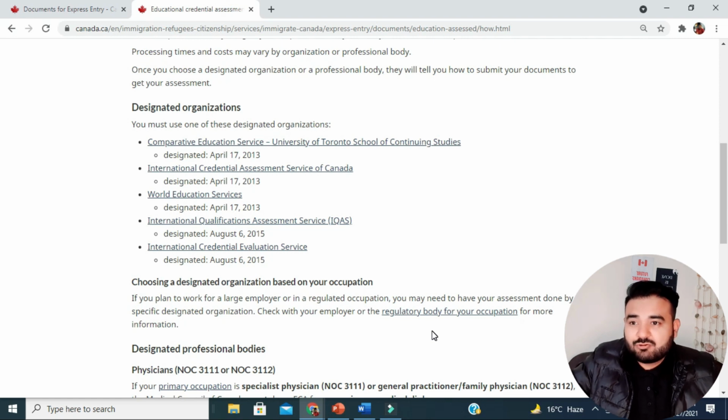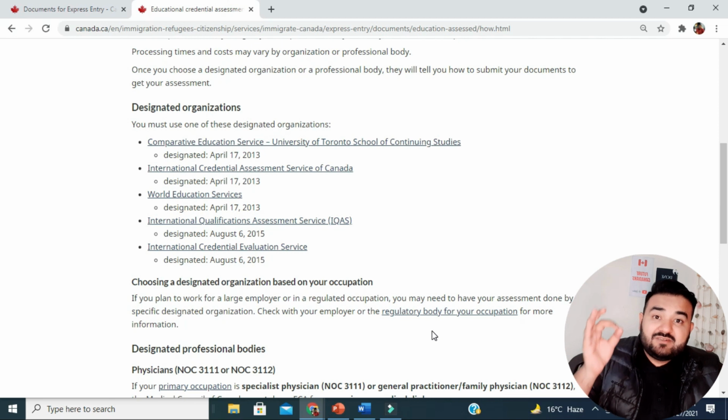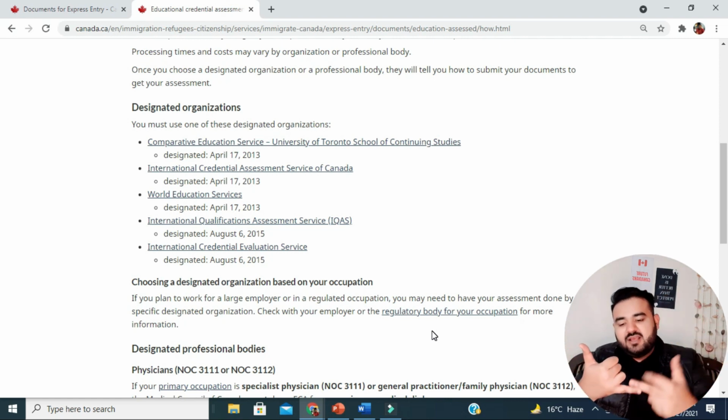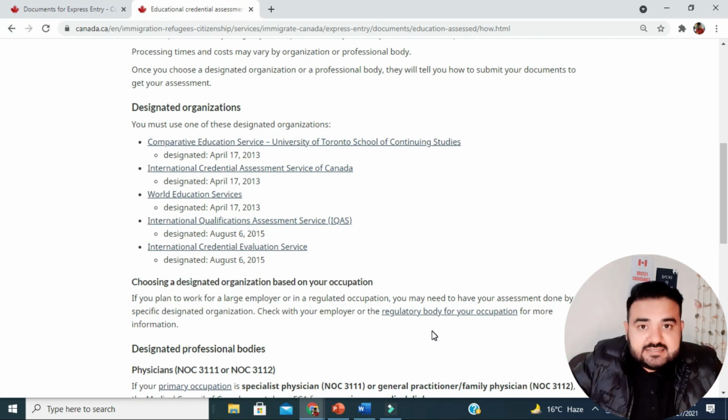You cannot apply through most of the PNP programs as well. I mean, sometimes PNP programs will specifically mention, like Saskatchewan, that candidates who were invited had an educational credential assessment. So if you want to apply through PNP, or through Express Entry, FSW, FST, the thing is you need an ECA.